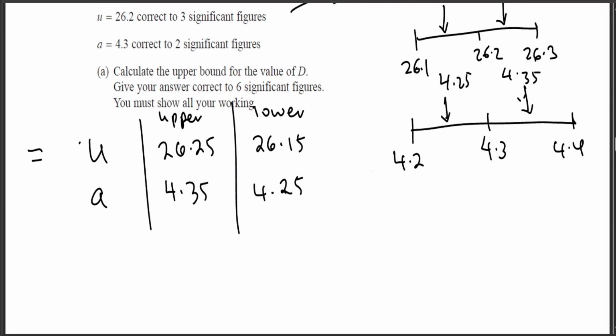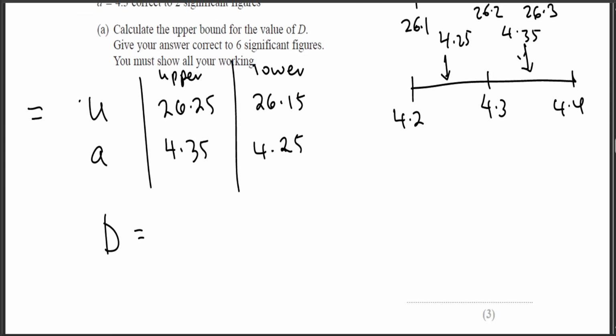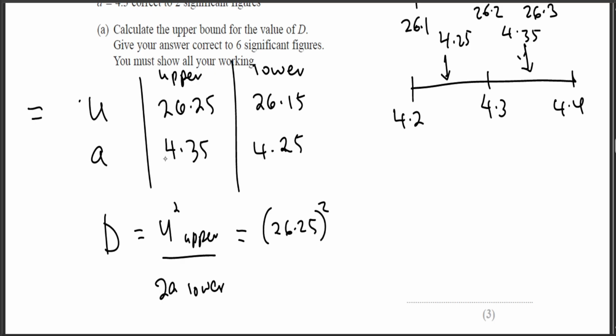So calculate the upper bound for the value of d. If you want to get the upper bound for the value of d, you normally take u squared, so you take the upper, divide by 2a, which is the lower. Okay, so let's take upper of u squared, which is 26.25 squared, divide by 2a, which is 2 times a, with the lower of a.